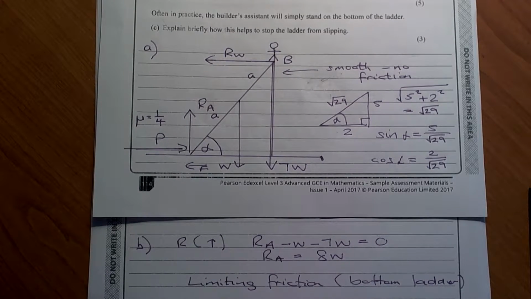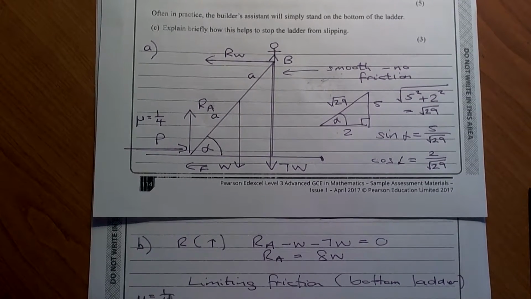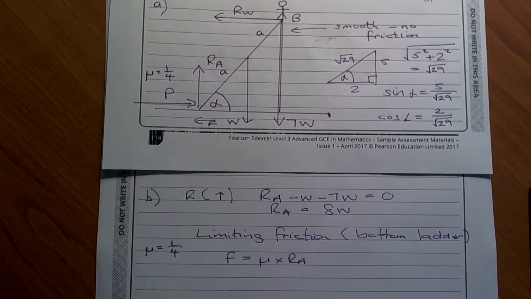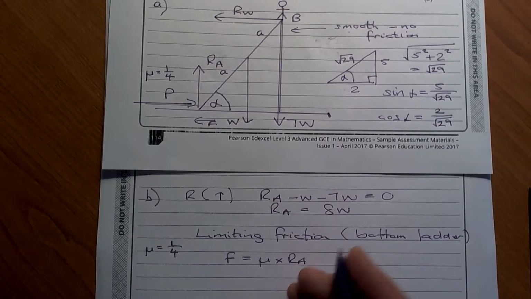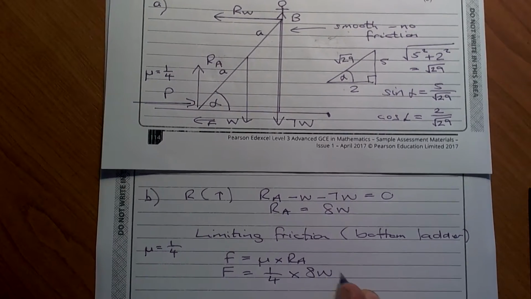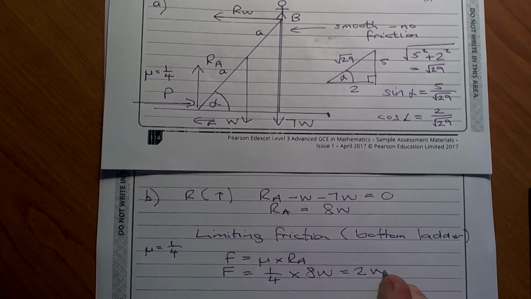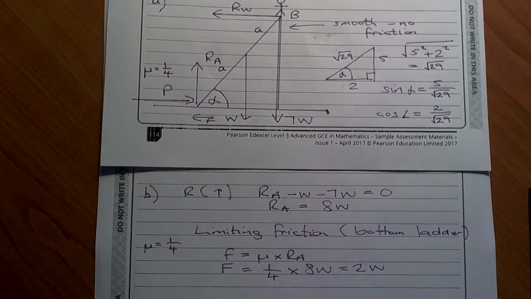Now, we know what mu is from the question. We were given that mu equals a quarter. And RA, we worked out just above there, as 8W. So F is going to be a quarter times 8W, so that comes out to be 2W. Now the next bit's the tricky bit.